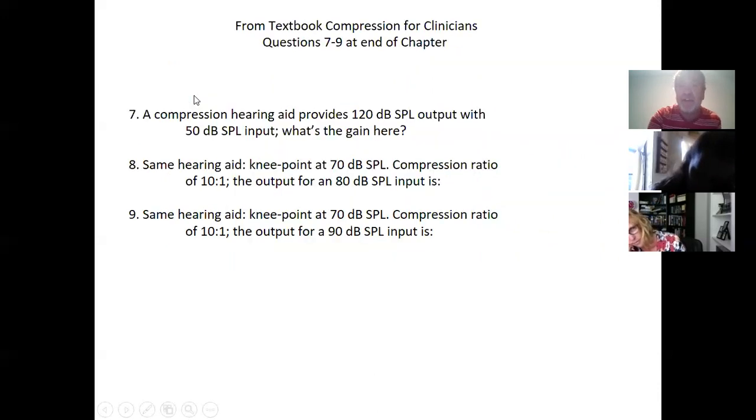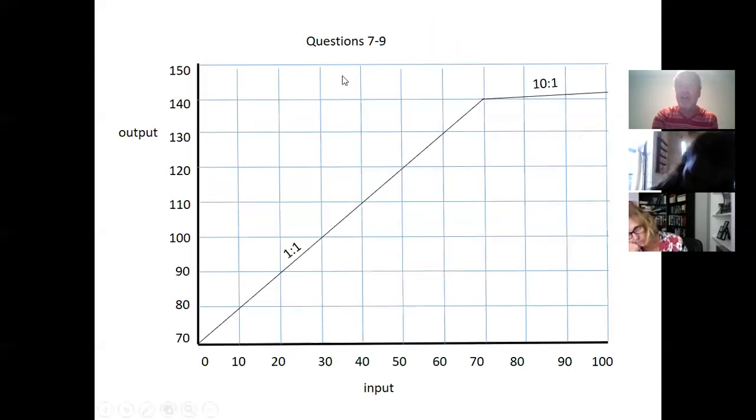Now back to the previous slide, answer question number 9. Same hearing aid, knee point at 70, compression ratio of 10 to 1, nothing's changed. Output for a 90 dB SPL input is, and as you correctly said, 142.